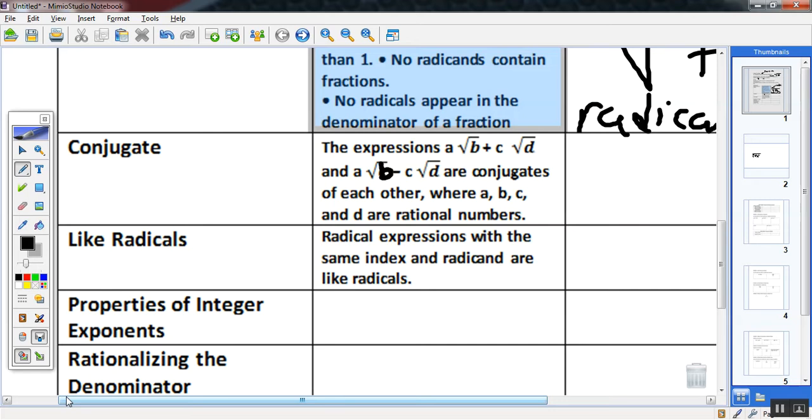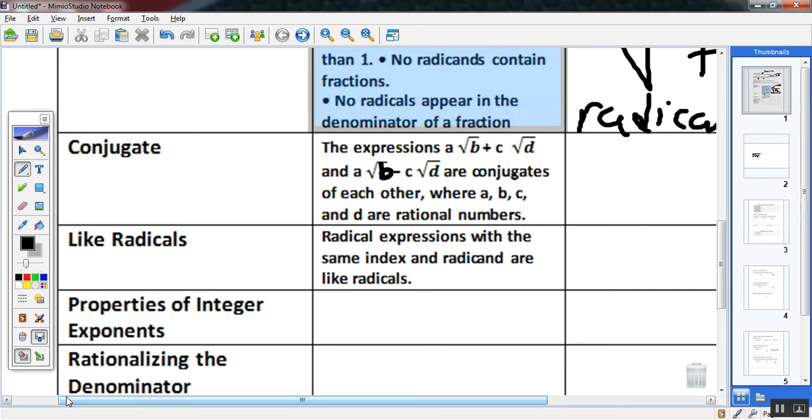Conjugates are going to help us in terms of rationalizing a denominator. We'll look at what rationalizing a denominator means, but we just need to understand what a conjugate is. It says the expressions a root b plus c root d and a root b minus c root d are conjugates of each other, where a, b, c and d are all rational numbers.